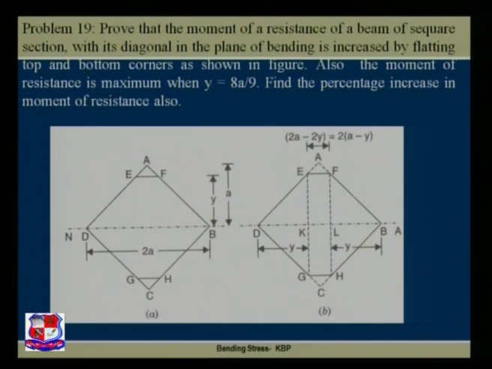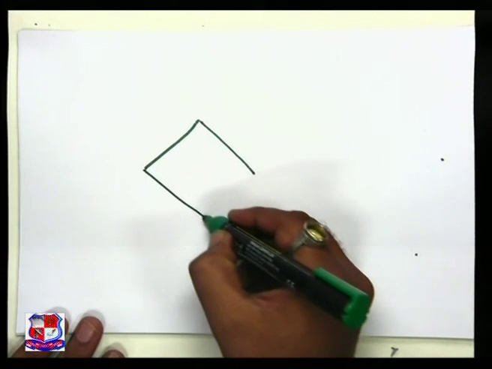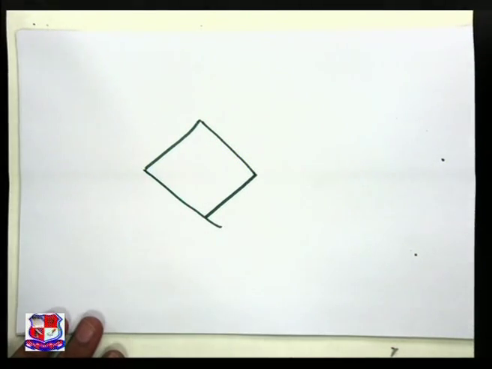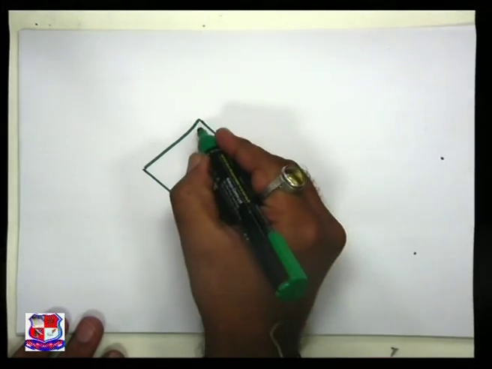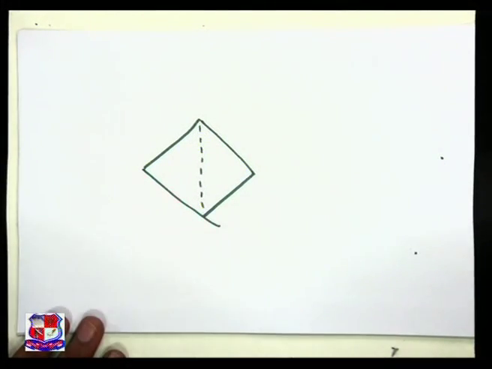Let us understand the question on this tabletop. One square section is given to us on the tabletop. This section is a square section, and one of its diagonals is vertical.